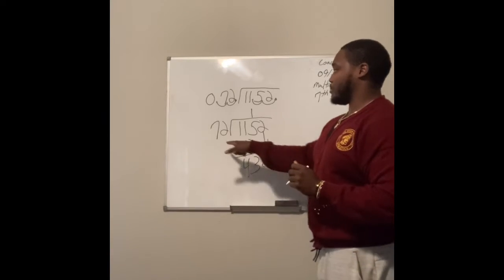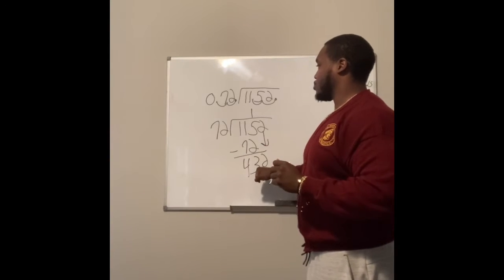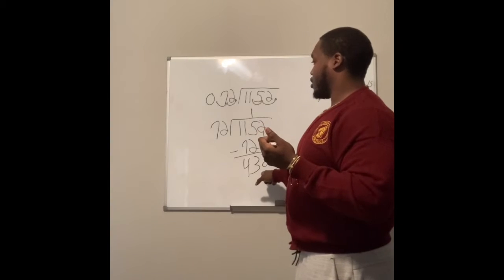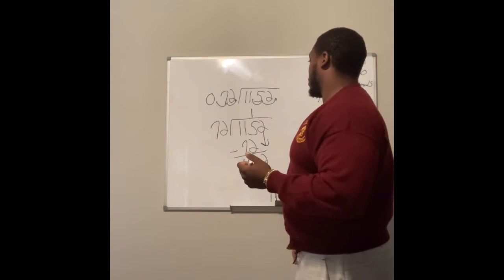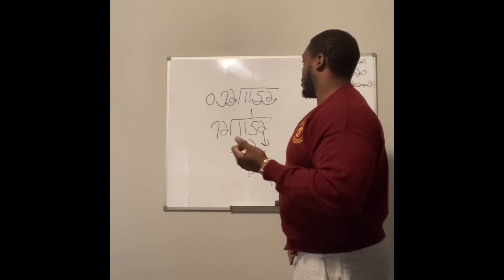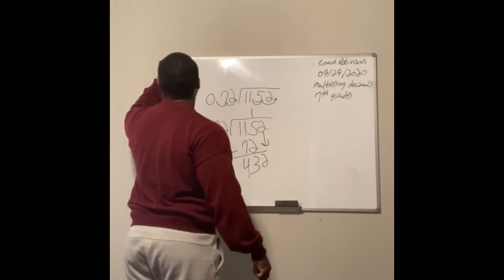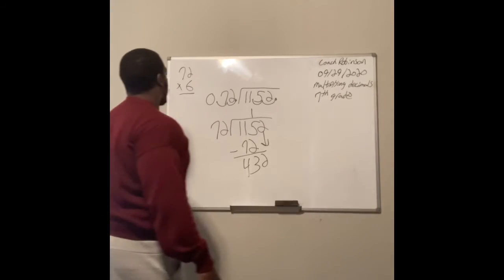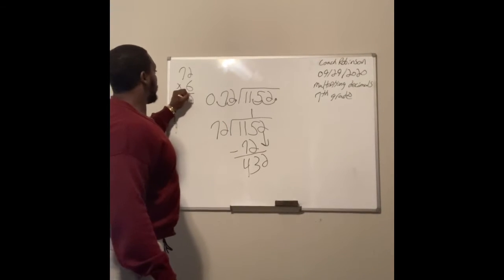Now, how many times does 72 go into 432? Well, we have to try to get as close to 432 without going over. So let's use the number 6. 72 times 6: 2 times 6 is 12.